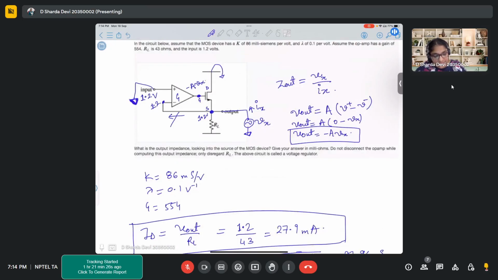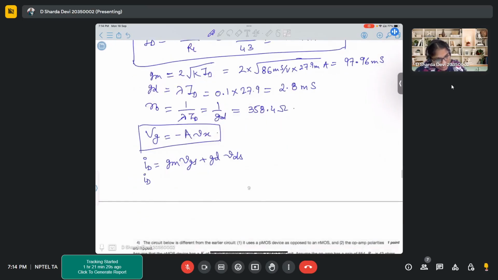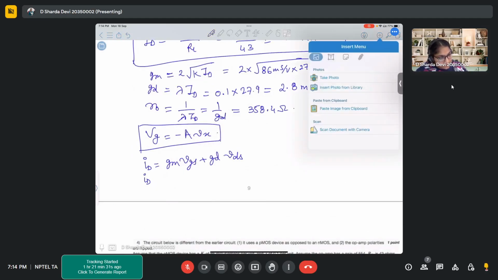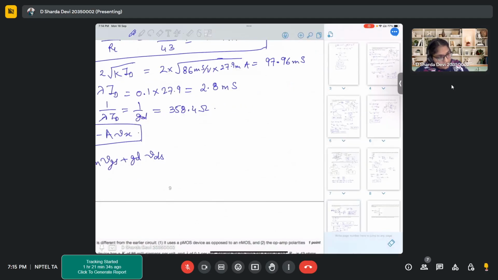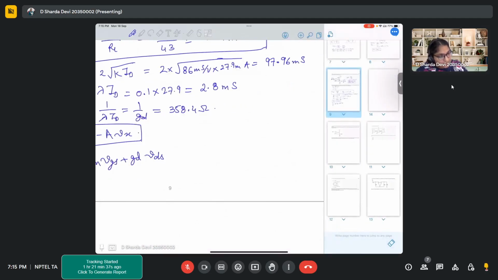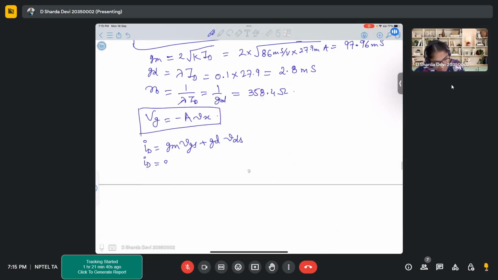You only have VS. So you can write your small ID as GM times (VG minus VS), that is minus A times Vx minus Vx, plus GD into (VD which is 0, minus VS which is Vx). Correct? Any doubts till this point? No doubts, right? Okay.